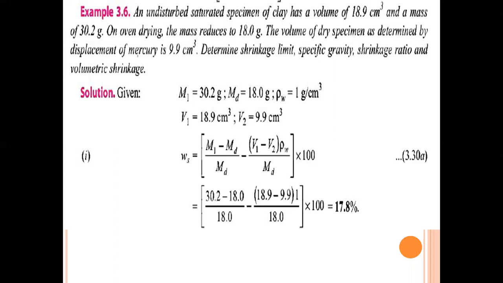An undisturbed saturated specimen of clay has volume of 18.9 cm³ and a mass of 30.2 grams. On oven drying, the mass reduces to 18 grams. The volume of dry specimen as determined by the displacement of mercury is 9.9 cm³.